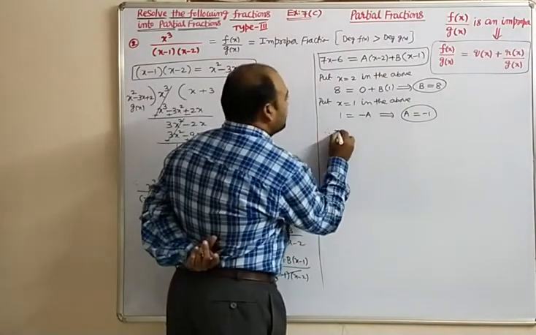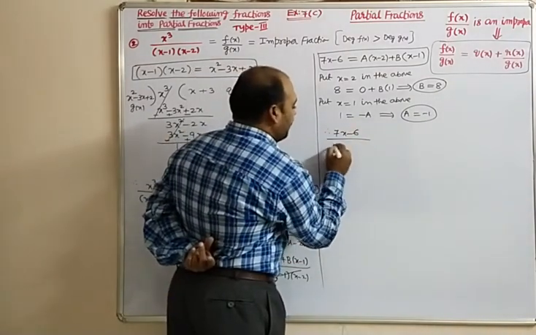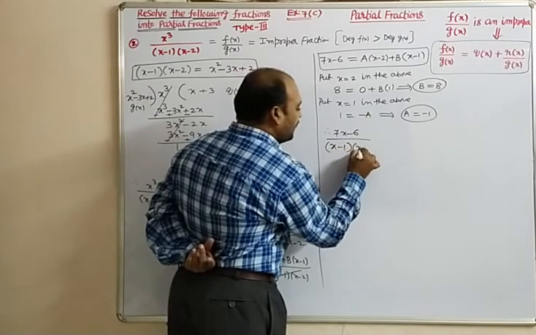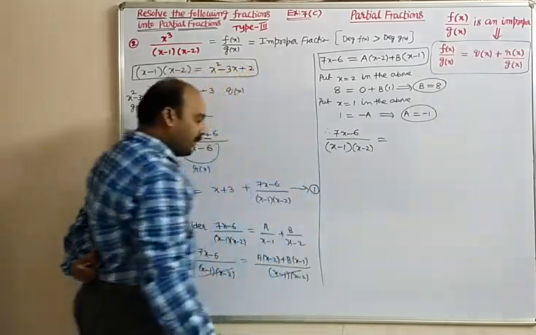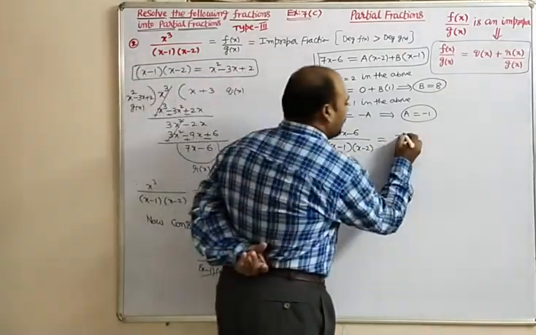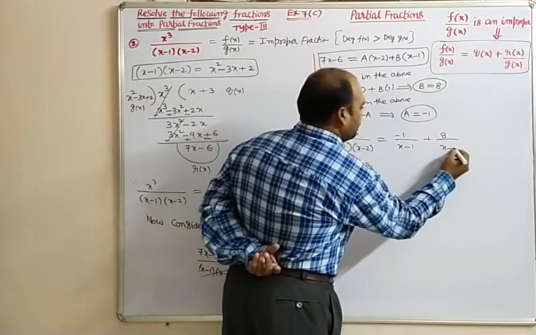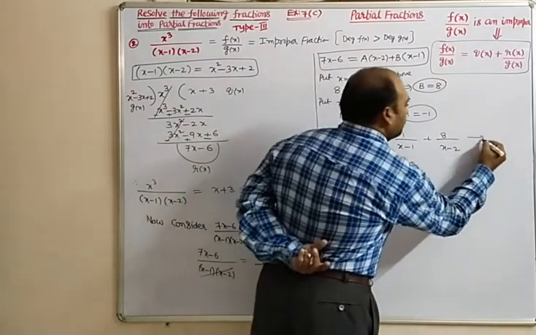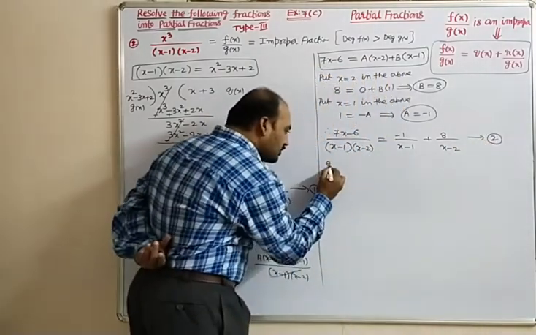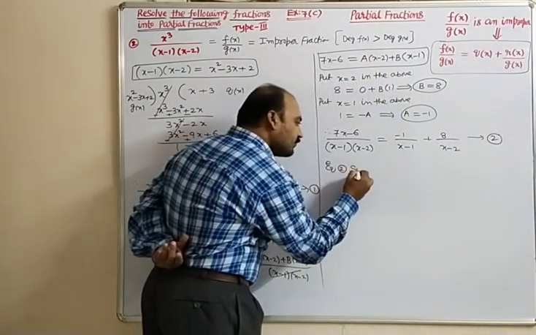Therefore, (7x minus 6) divided by (x minus 1)(x minus 2) can be written as minus 1 by x minus 1 plus 8 by x minus 2. Equation number 2. Equation 2 substitute in equation 1.